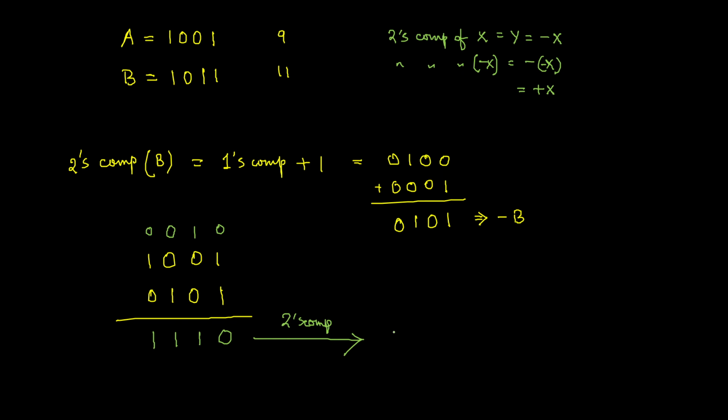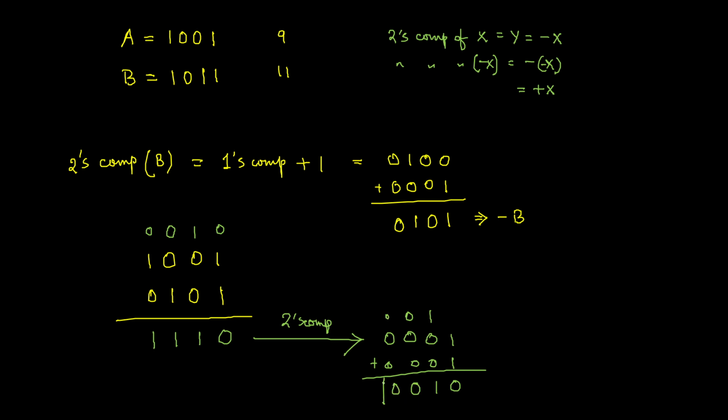Will be 1's complement plus 1. 1's complement of this particular number is 0001. Right. This is 1's complement plus 1. That means 1 plus 1 is 0, 1 carry, 1 plus 0 is 1, then no carry 0, no carry 0.